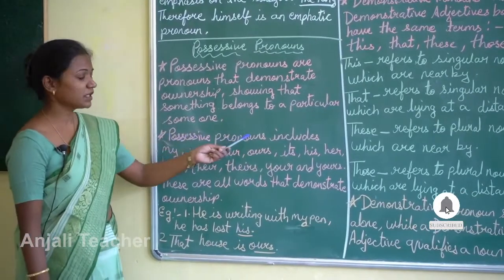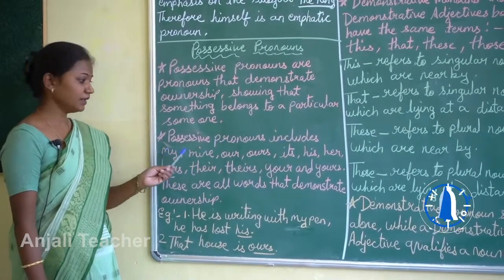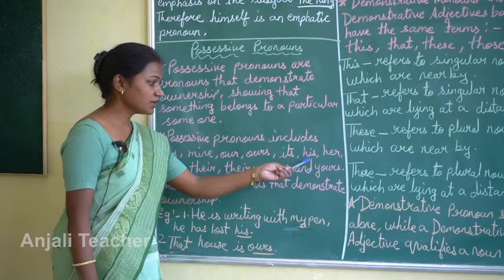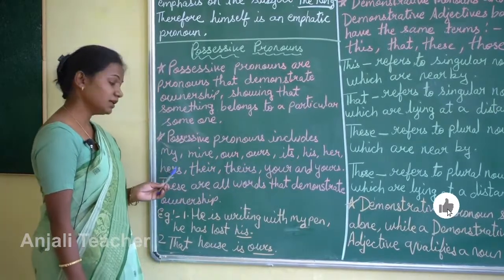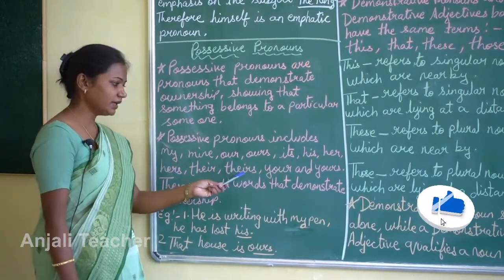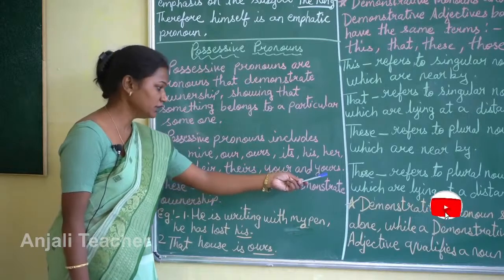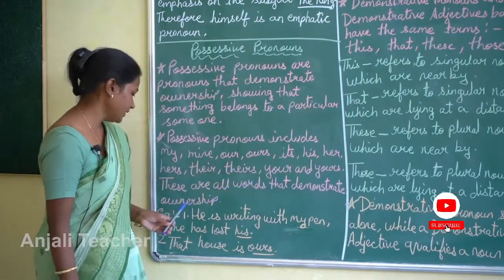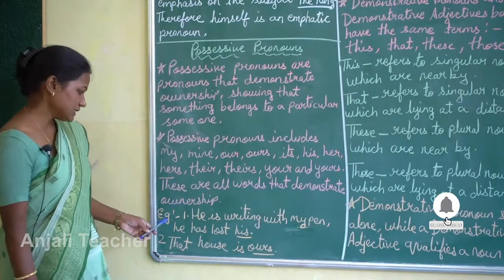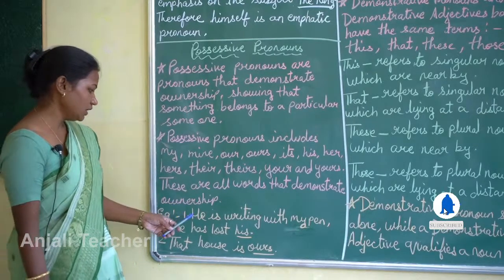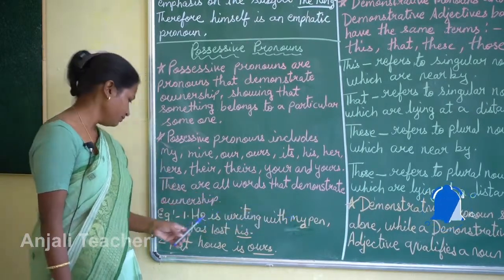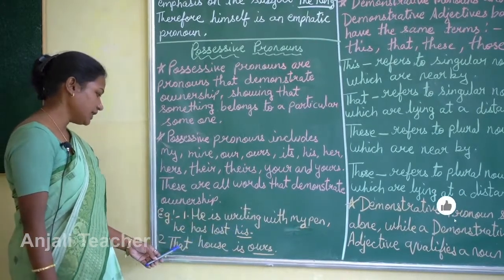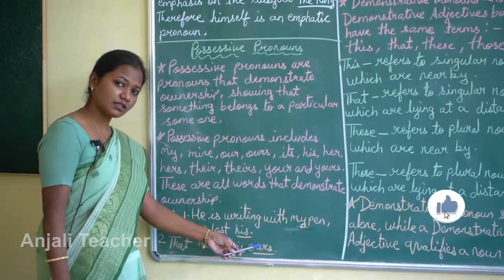Possessive pronouns include my, mine, our, ours, its, his, her, hers, their, theirs, your and yours. These are all words that demonstrate ownership. Now see the example. He is with my pen, he has lost his. Second one, that house is ours.